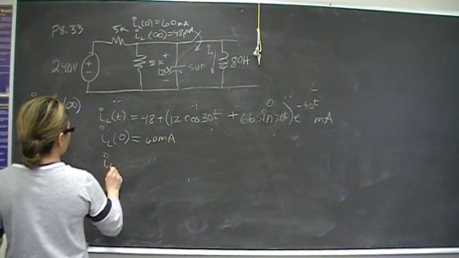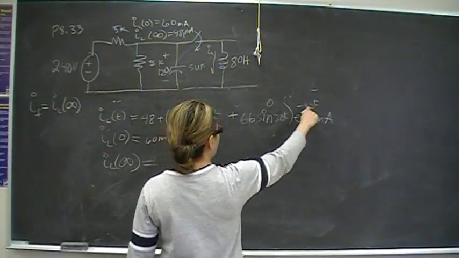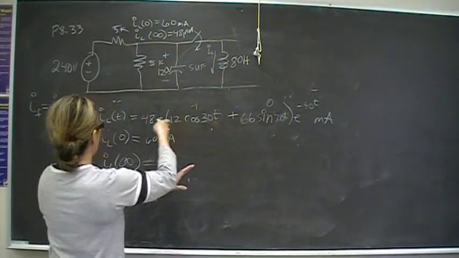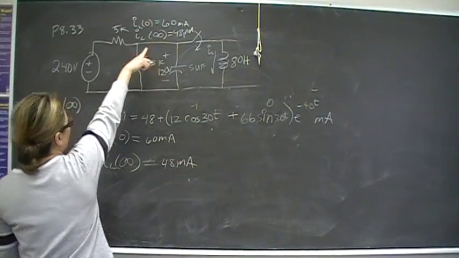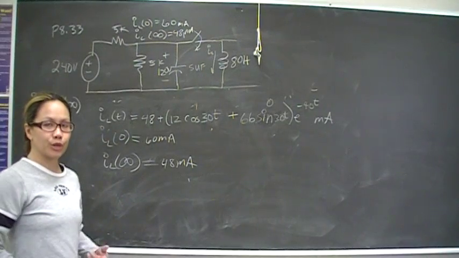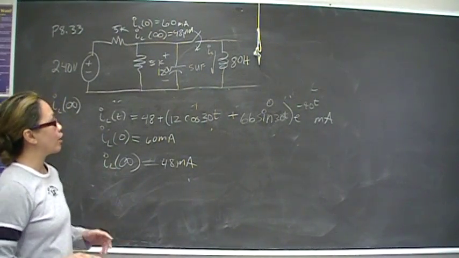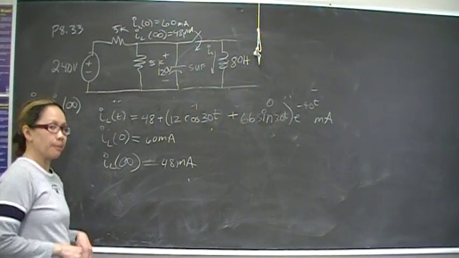At time infinity, a negative exponent goes to 0, so this whole term goes to 0, and we have 48 milliamps, which agrees with what we said just looking at the circuit, doing circuit analysis without using any math at all. It agrees with what we said the final current should be.